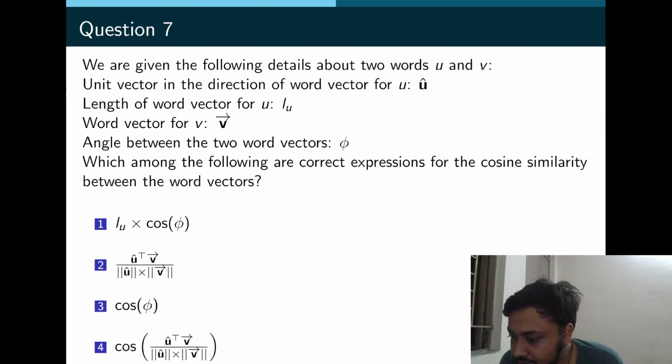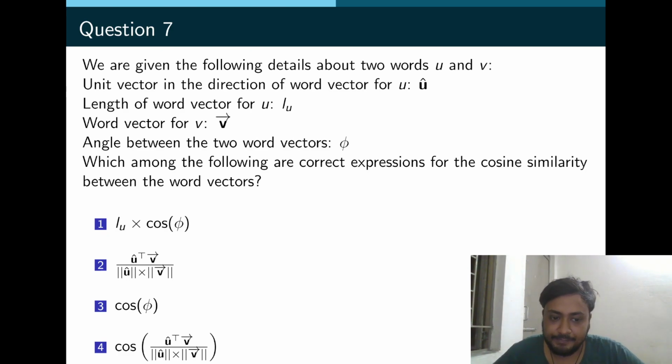Anyone else? 1 and 4. Okay. Anyone? Option 3. Okay.